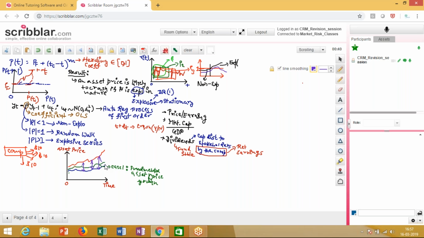Now, in this case, let's just put, this is the dividend path.